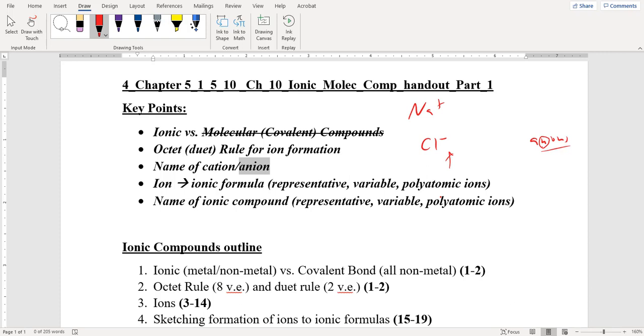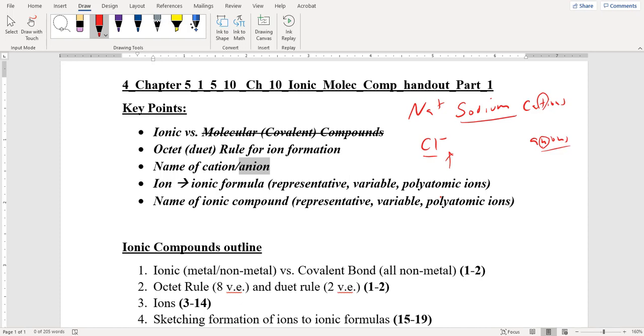Any time you see a positive charge, we call these cations. So circle the T. The T kind of reminds me of a positive charge, so another mnemonic trick. Now, the proper name for this ion is going to be, for sodium, sodium cation. That's pretty easy. We took the name of the element and then just added the word cation afterward.